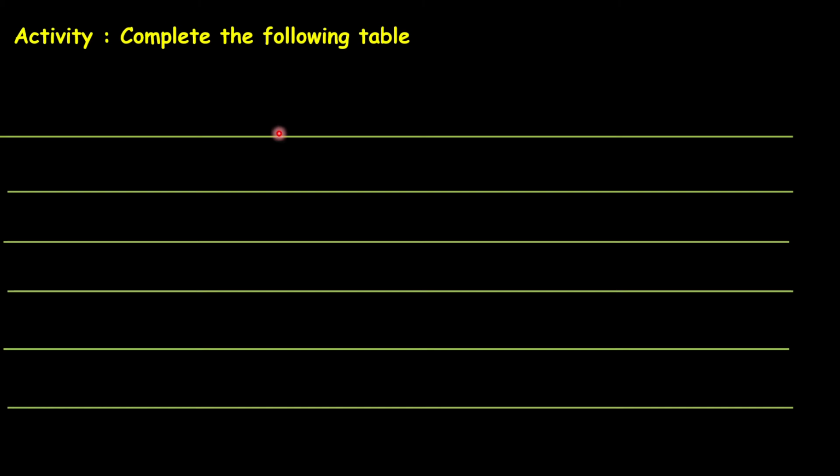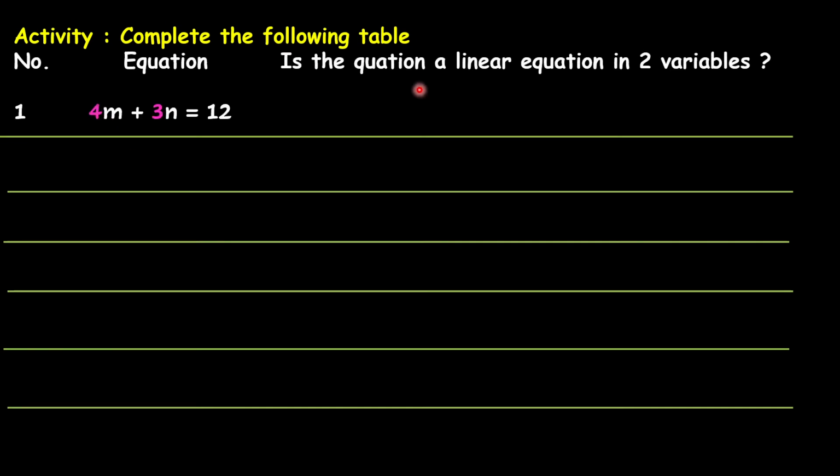Activity: complete the following table. Is the given equation a linear equation in two variable? First, in the first term m is the variable and index of the variable m is nothing, means 1. Also, in the second term n is the variable and index of the variable is 1.